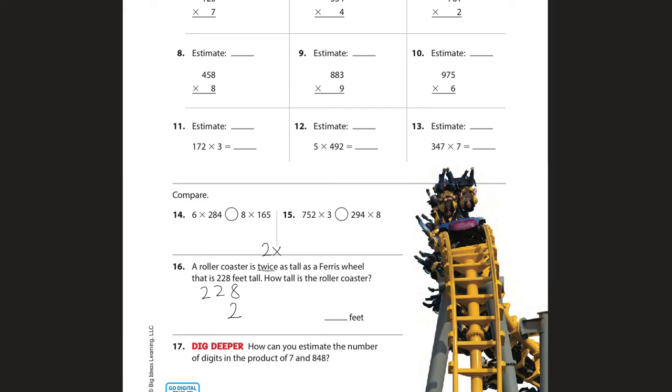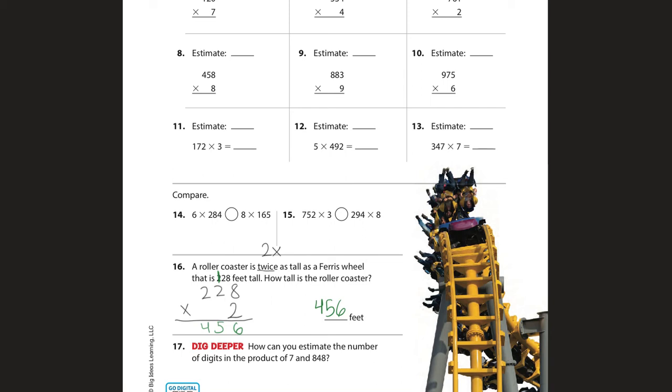So I know I'm going to need to multiply that by 2. 8 times 2 is 16. 2 times 2 is 4, plus 1 is 5. And 2 times 2 is 4. So it is 456 feet tall.